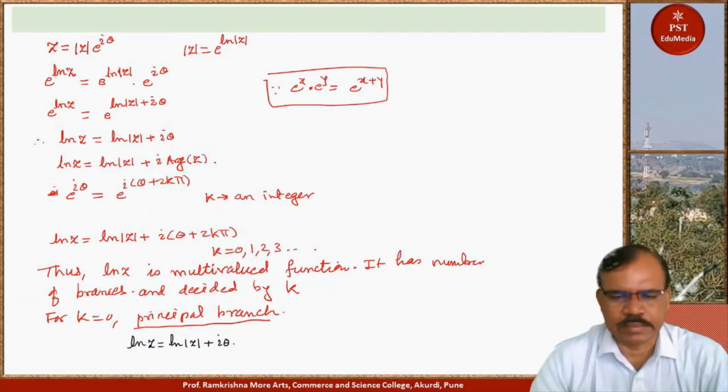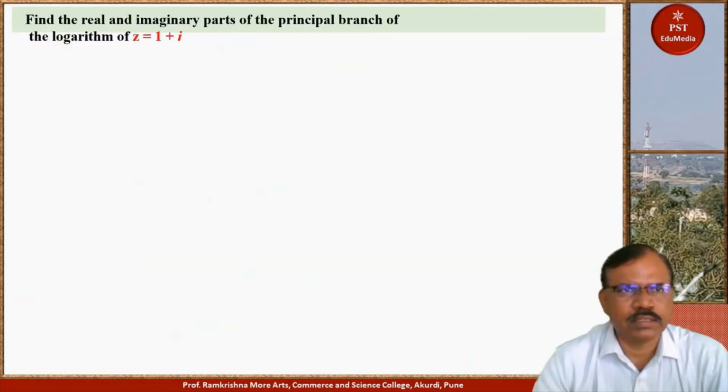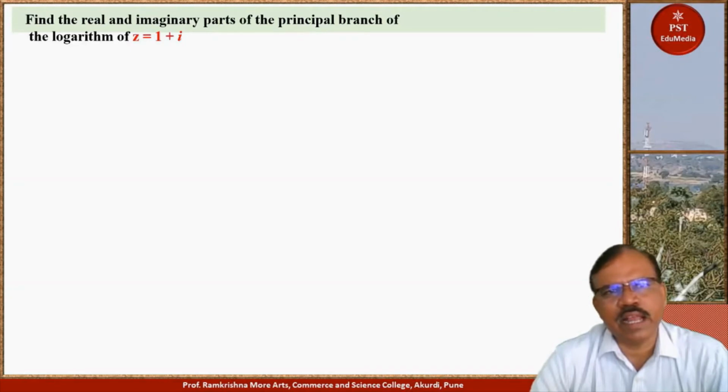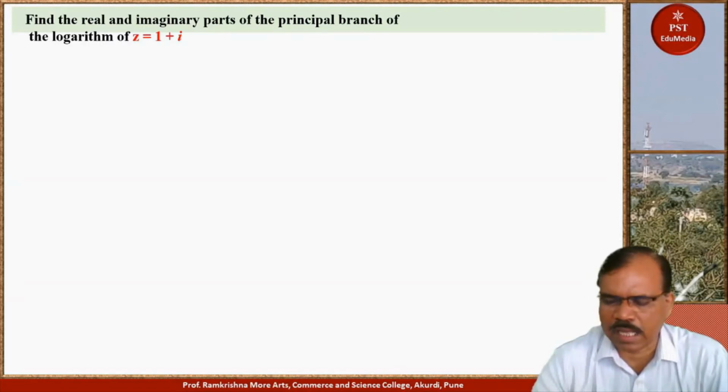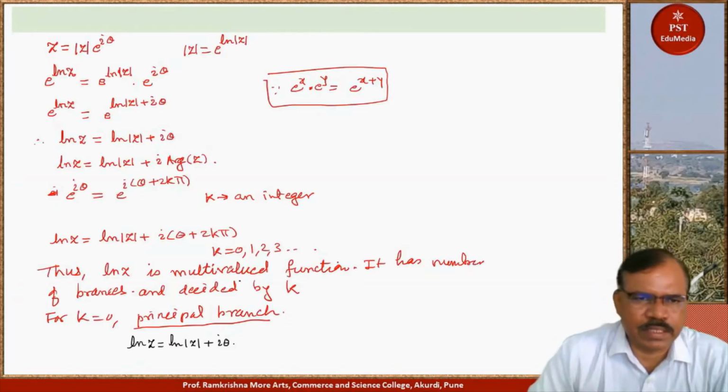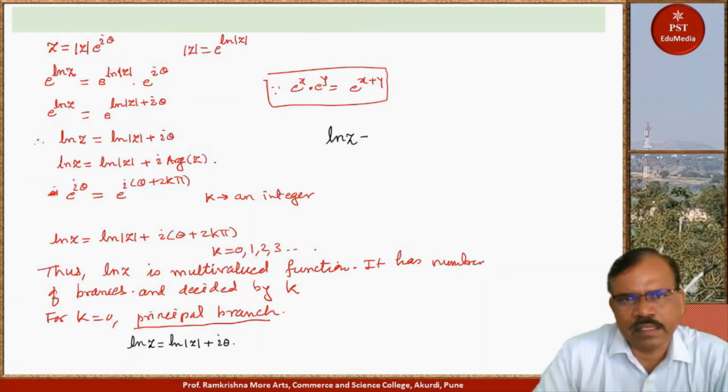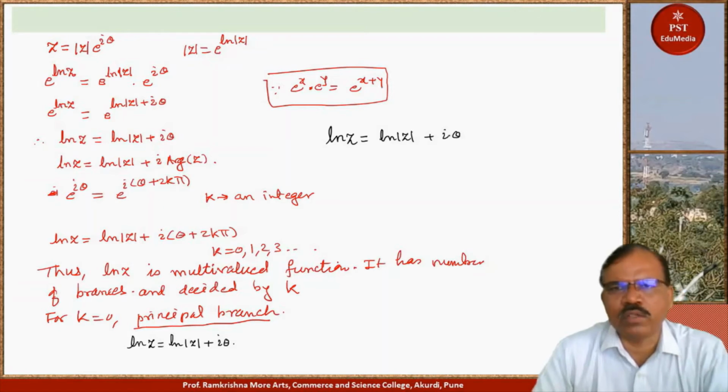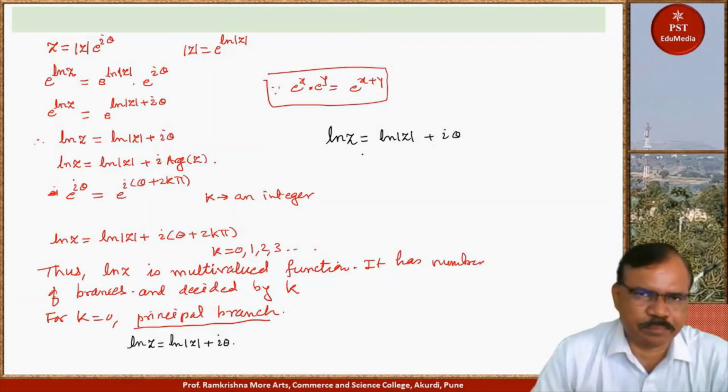Now we'll go to some examples. Let us take the first example. Find the real and imaginary parts of the principal branch of the logarithm of z equal to 1 plus i. Here ln z is equal to ln modulus of z plus i theta, or you can take theta plus 2k pi.